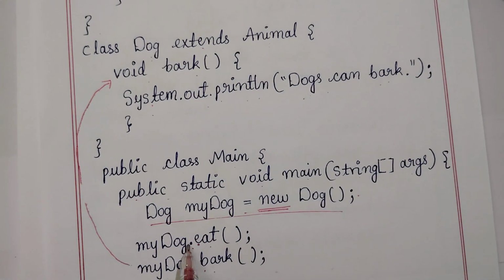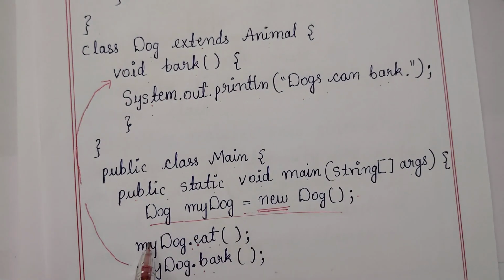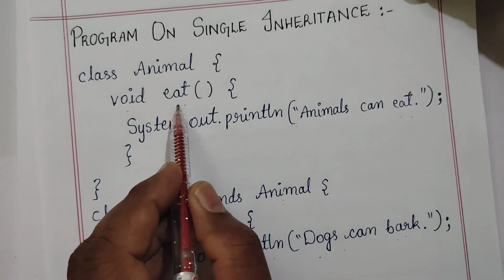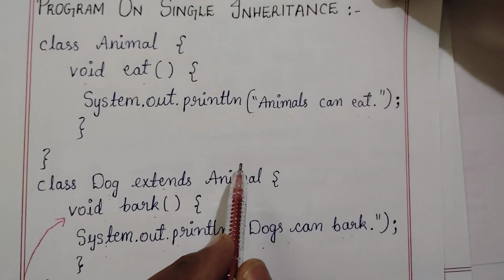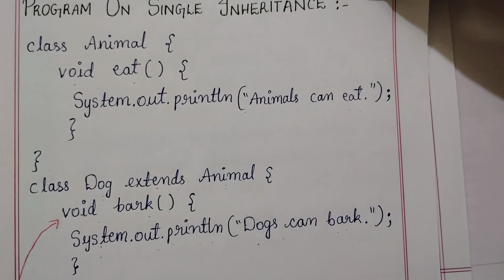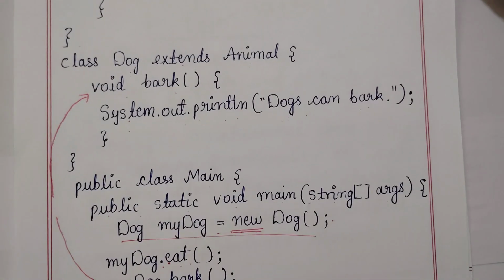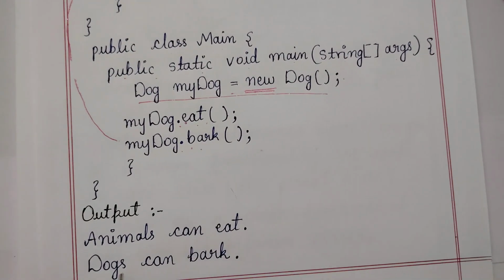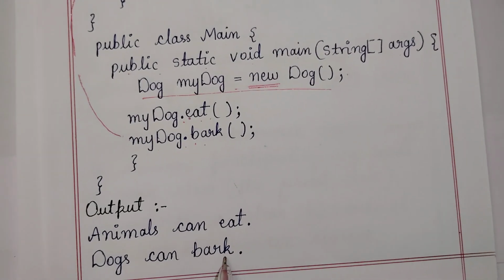So the output is: Animals can eat and Dogs can bark.